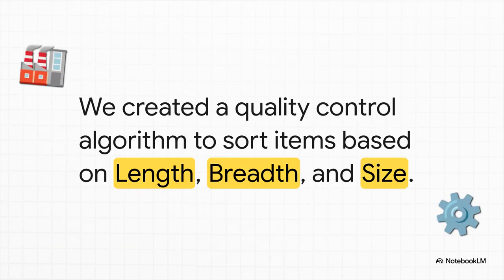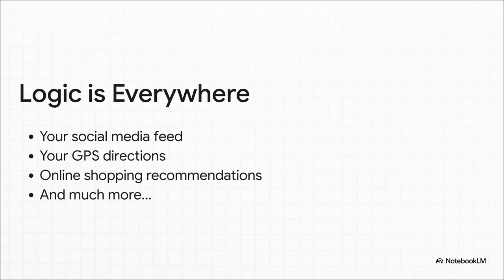So our little abstract puzzle, it actually has a very real-world job. We basically just designed a simple quality control algorithm. You can just picture a conveyor belt in some giant warehouse automatically sorting packages by size. That's exactly what this set of rules is doing. And this is why this whole thing matters so much. Our package sorter was really simple, right?